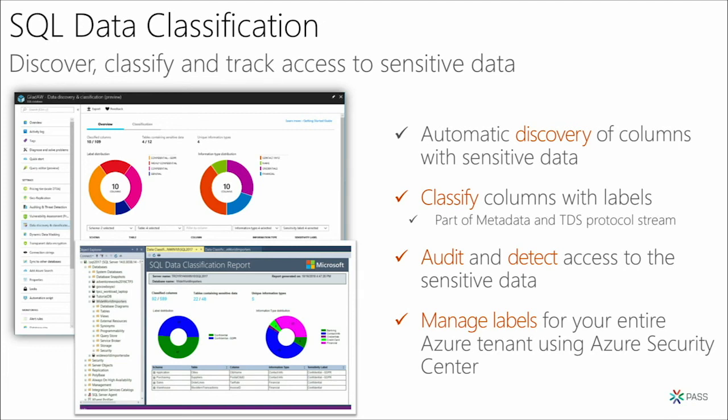Once it's classified, it's actually part of the metadata that flows from the query processor when you execute a query against a table that contains classified data. So let's say you have a table with certain columns classified, credit card information, secret or confidential.